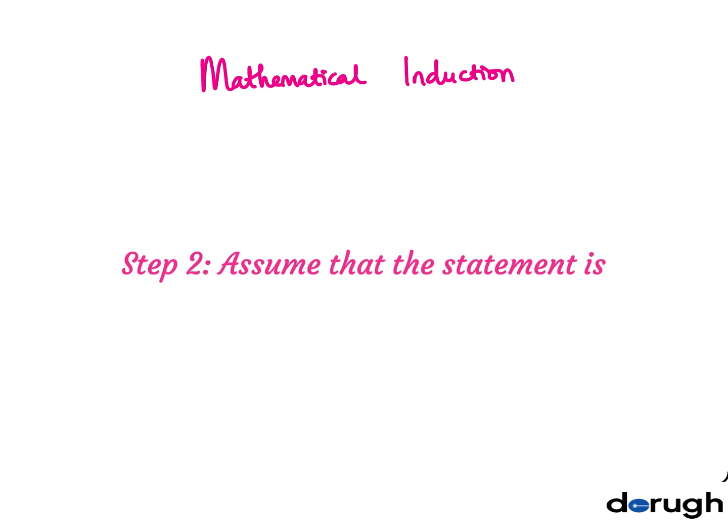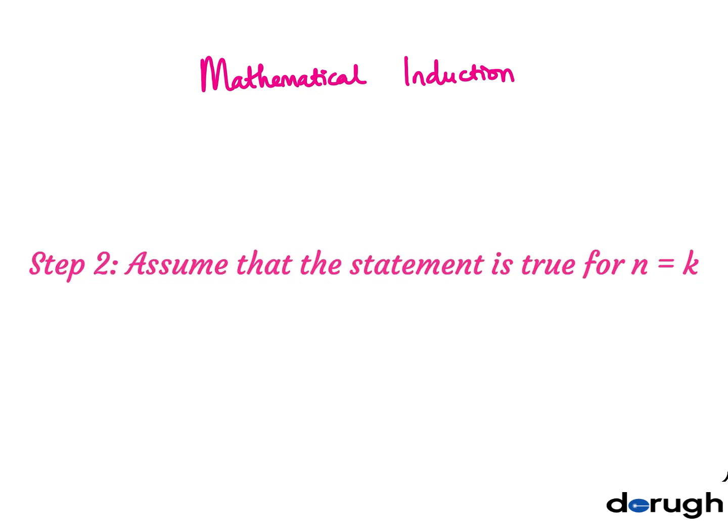Now, step 2 says that we have to assume that it is true for n equals k. So we'll write it out again. For n equals k, we have 1 power 3 plus 2 power 3 plus 3 power 3 plus all the way to k power 3.